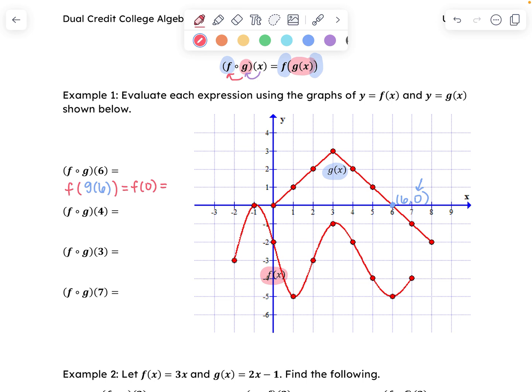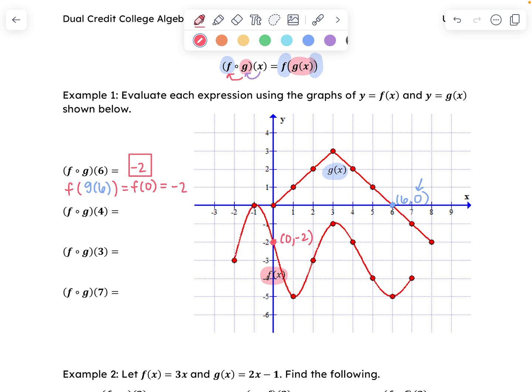So I look at f of 0, which is this point right here: (0, -2). So my answer would be -2. We're taking it and plugging one into the other.